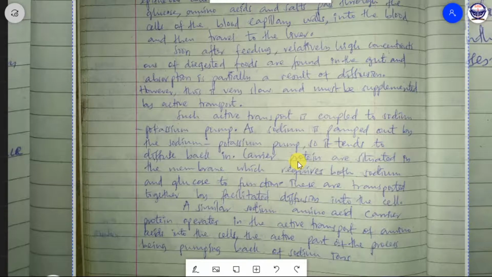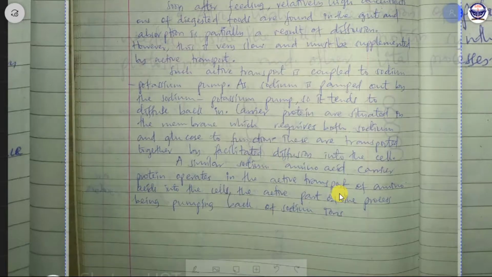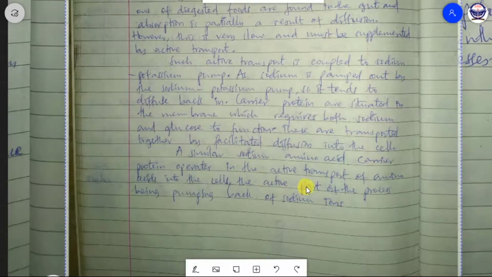So you can see the carrier proteins require both sodium and glucose to function, and all of these can enter the cell through diffusion. Now a similar sodium amino acid carrier protein operates in the active transport of amino acids into the cell, the active part of the process being pumping back of sodium ions.